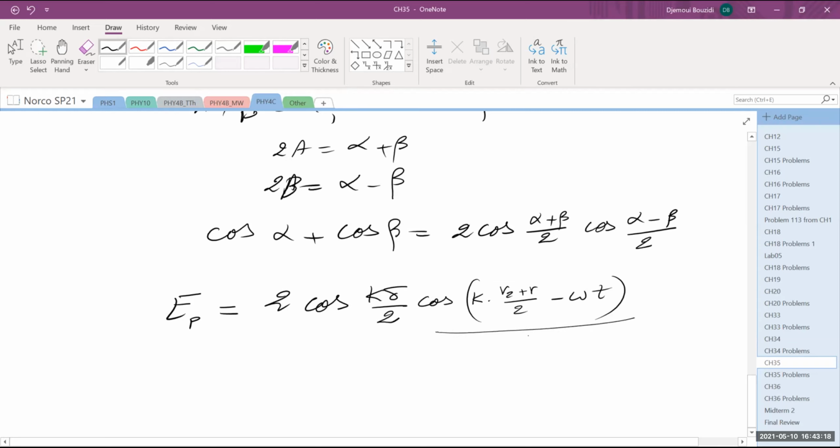But this term is irrelevant. This is a wave. So the sum of two waves is a wave. That's what this term is. Okay, it's times E naught.